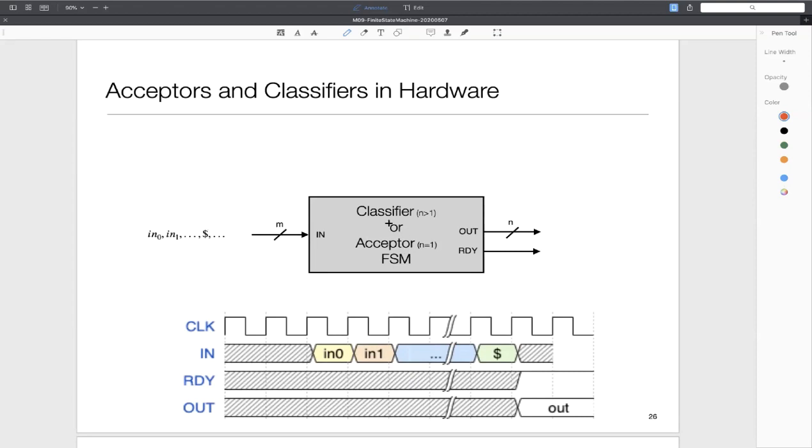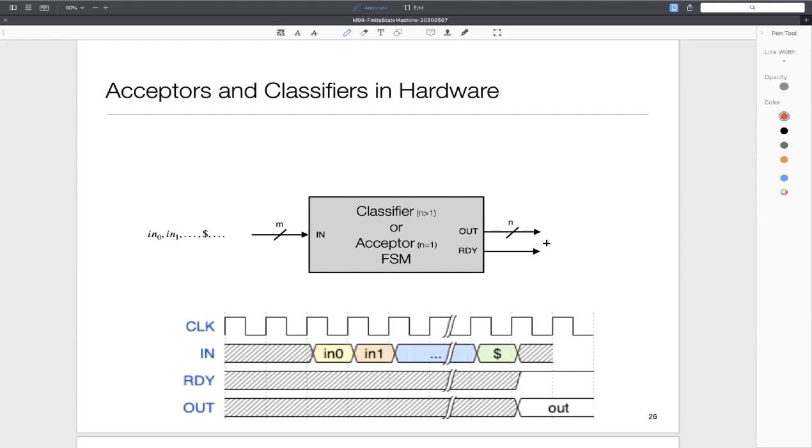indicate that. And meanwhile, what the hardware has to do is provide an output, which in the case of an acceptor would simply be 1 bit, and in the case of a classifier, multiple bits, indicating which category, pass or fail for an acceptor, or which class for a classifier, the input belongs to.